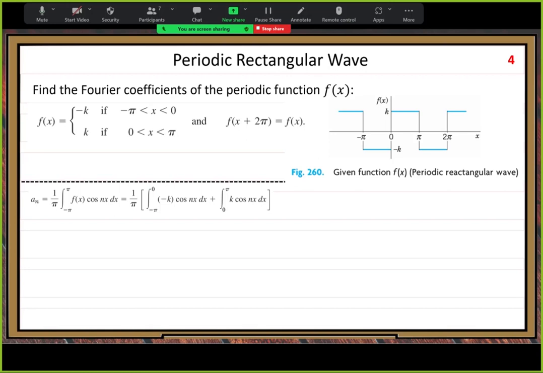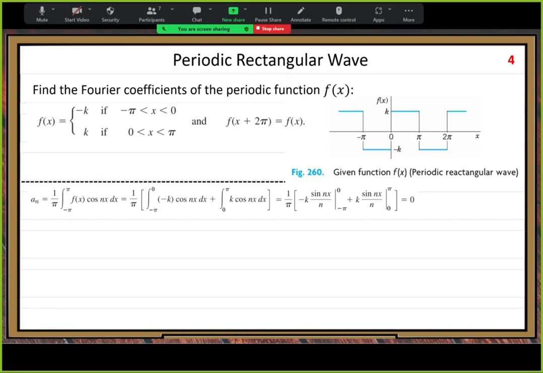Because the f value at the first half of the period takes negative k, and in the second half, positive k, we can find the definite integral easily. So it equals 0. See, a_0 equals 0. Negative k, positive k cancel out.